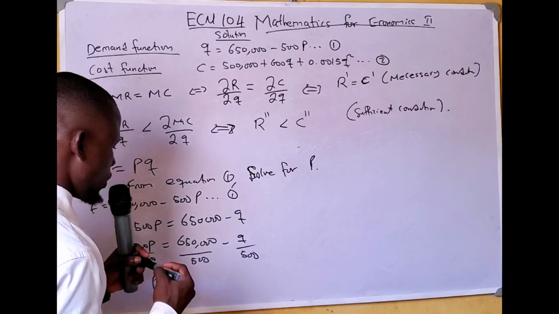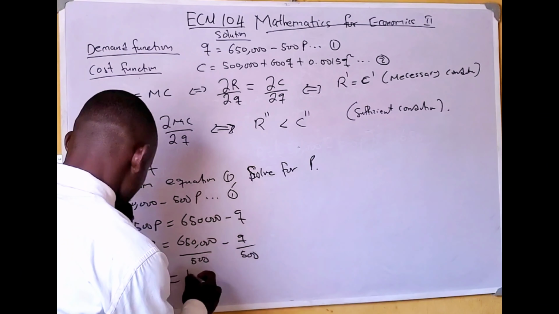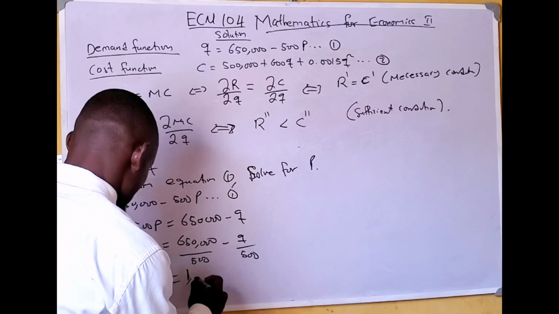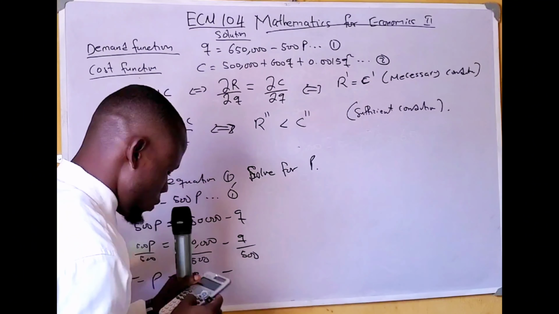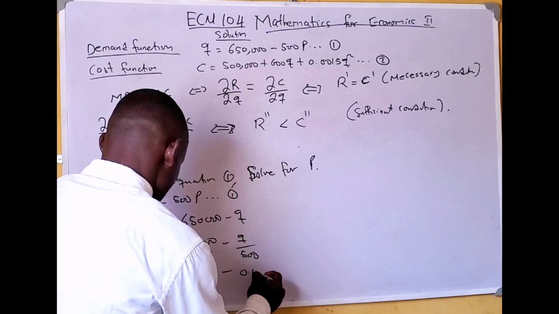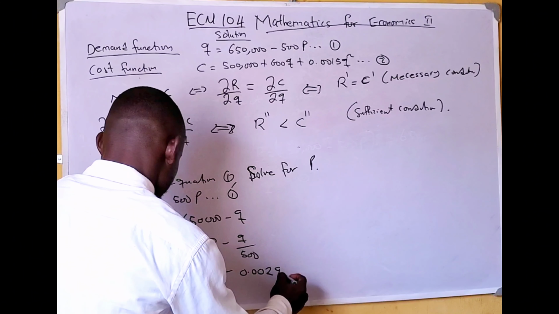Now what is 650,000 divided by 500? This will be 1,300 minus 0.002Q.